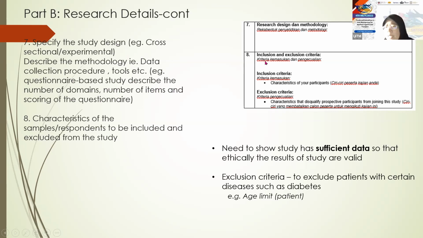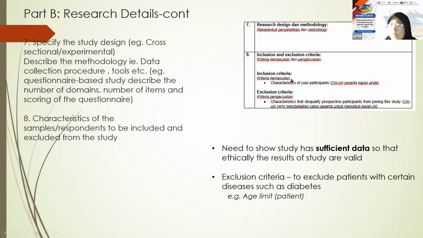Number 8 is the inclusion and the exclusion criteria. What do we mean by this? Inclusion means that if you are doing a survey, you will use a questionnaire as your tool, or let's say you are doing an interview, and who are the respondents? Who are your interviewees?